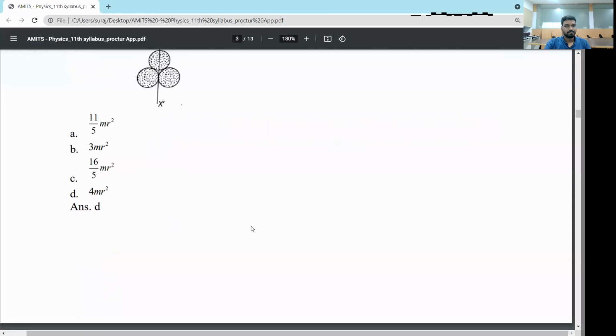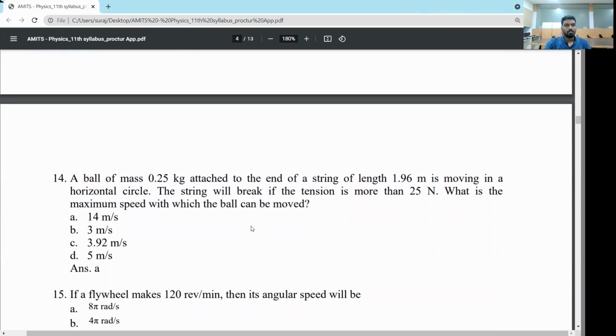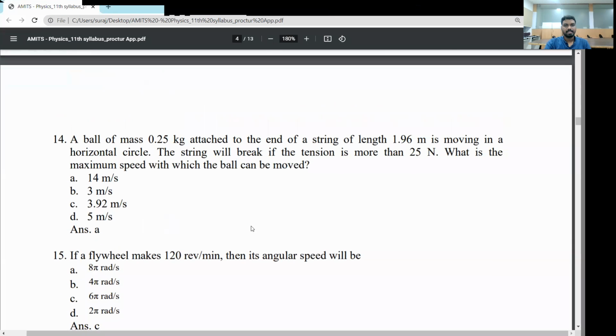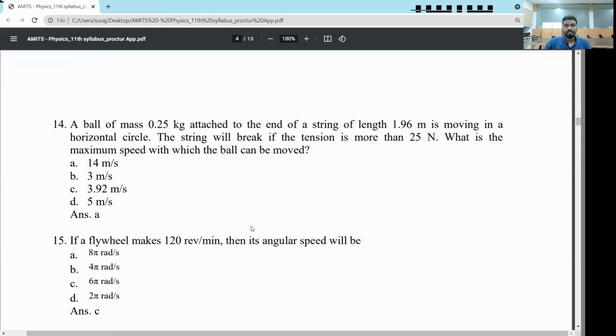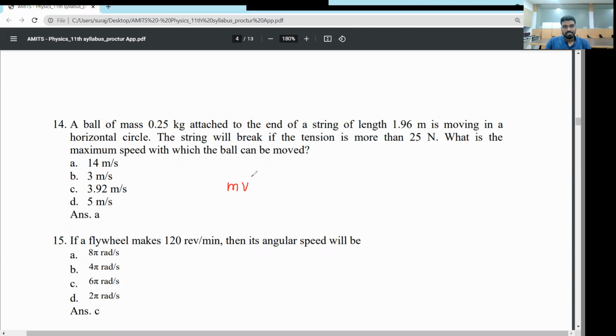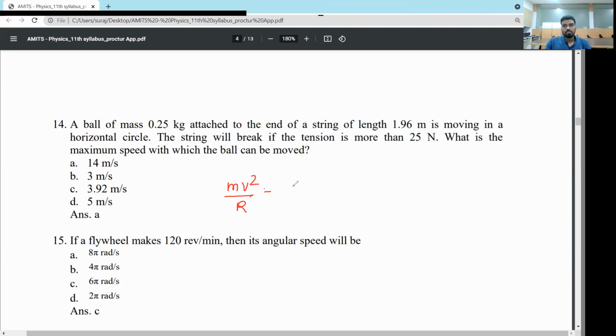Number 14. A ball of mass 0.2 kg attached to the end of a string of length 1.96 meter is moving on a horizontal surface. The string will break if the tension is more than 5 newton. What is the maximum speed with which the ball can move? mv square by r, centrifugal force equal to 25.